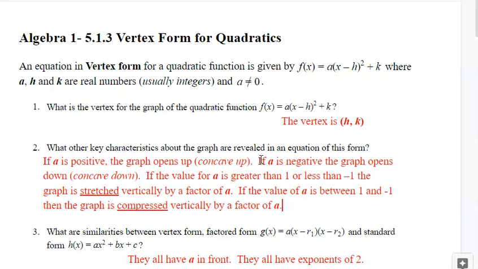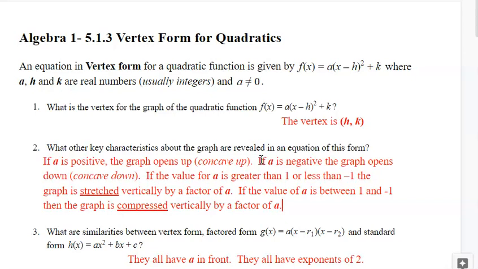And if the value for a is greater than 1 or less than negative 1, like 2, 3, or 4, or negative 2, negative 3, and so on, then the graph is stretched vertically by a factor of a. So you may have a tall, skinny parabola, which can open up or open down, of course.